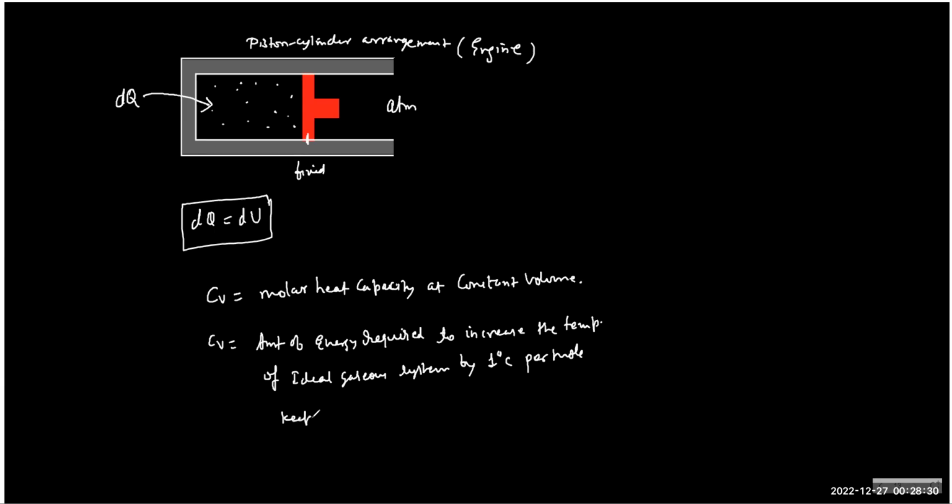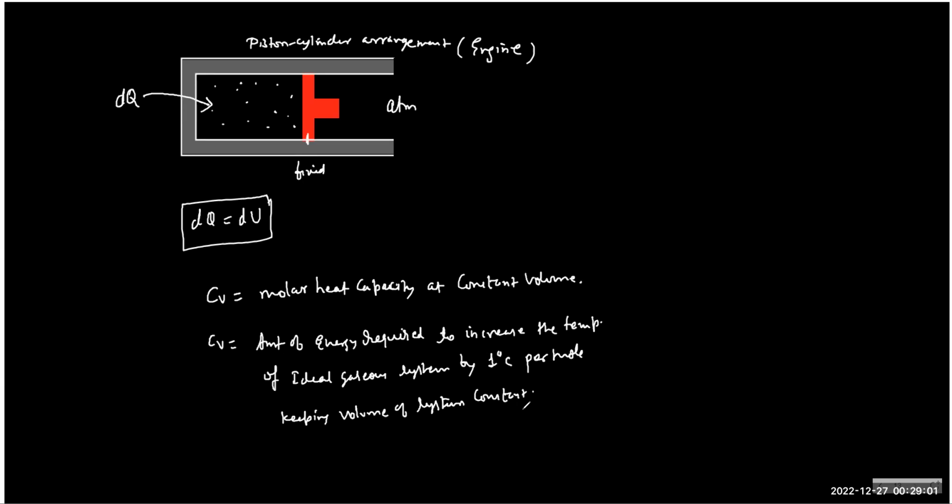keeping the volume of the system constant. See, this is not the issue with liquids and solids. They don't expand as vigorously as gas. So in gas, the energy requirement will also depend on which process the gas is undergoing thermodynamically, and therefore the process will change the answer.